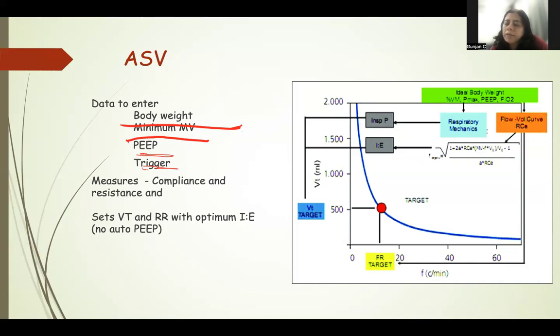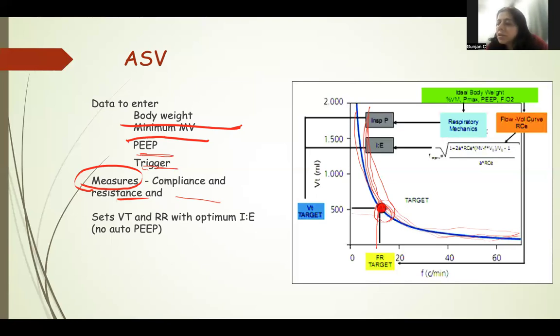Based on these entries and based on the first breath, the ventilator will measure the compliance of the lung and the resistance of the lung. And based on this calculation and the algorithm fed in the ventilator, the ventilator will generate its own point where it will decide what tidal volume and what respiratory rate has to be delivered with the optimum IE ratio so that there is no auto PEEP.